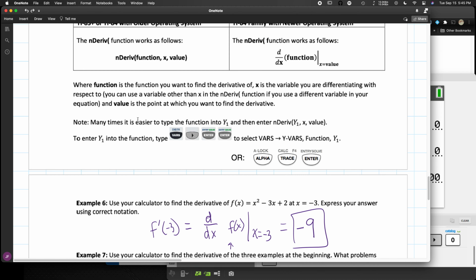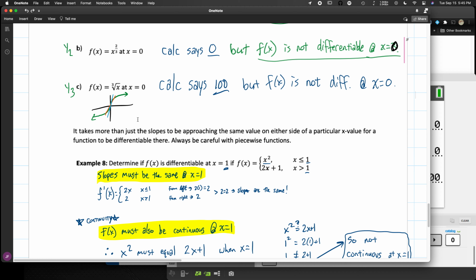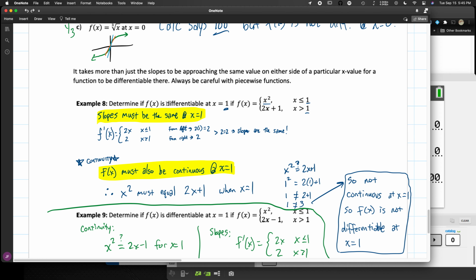So those are the 2 things we want to look for when we're asked, as we are in example 8, to determine if a function is differentiable at a point, especially in a piecewise function like this. We've got to check those two things. All right. So number one, the slopes. So if we find the derivative of each piece, okay.